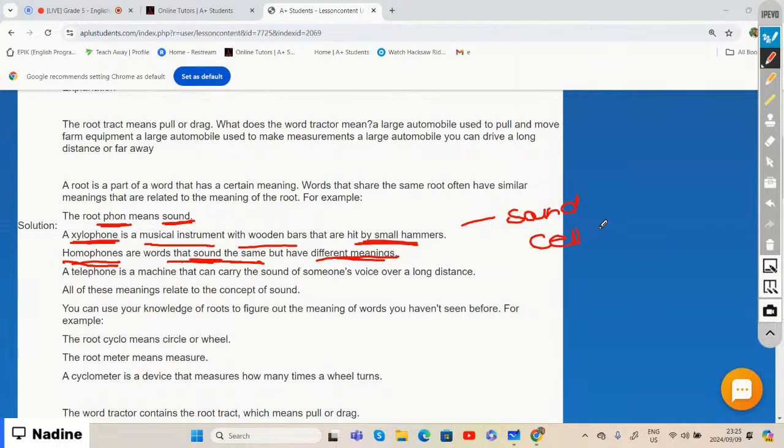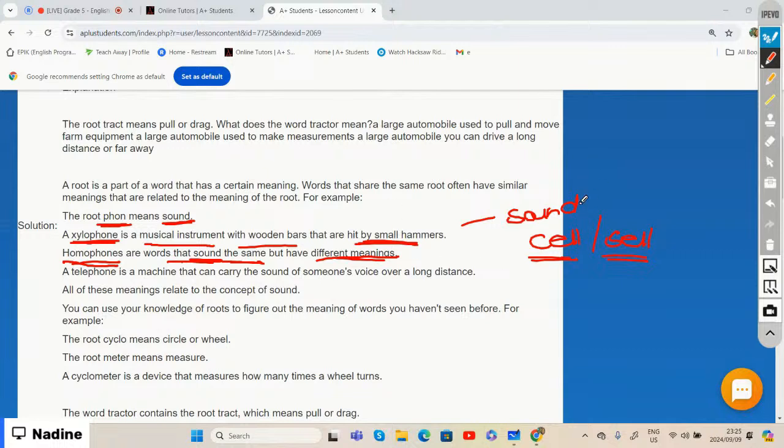We have cell and we have sell. Look at these two words. These two words are spelled differently. However, they sound the same, but they also have different meanings. So they sound the same, but they are spelled differently and the meanings are also different.